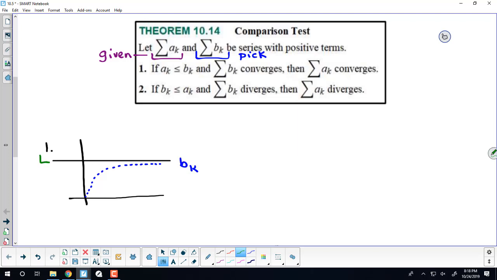I don't know, that's whatever that limit is. But all we know about A is that it's less than B, or equal to. It'll just be on top of B, but if that's the situation, then what we know about the series is that it converges. So since it's smaller than a series that converges, it has to converge as well. Smaller than or equal to.